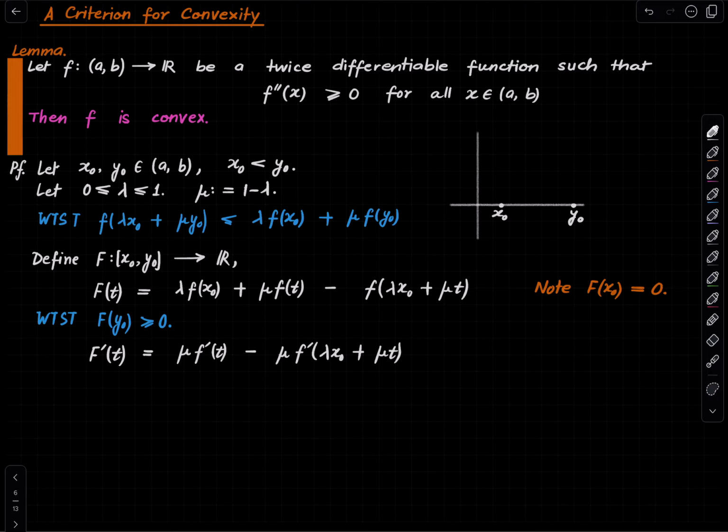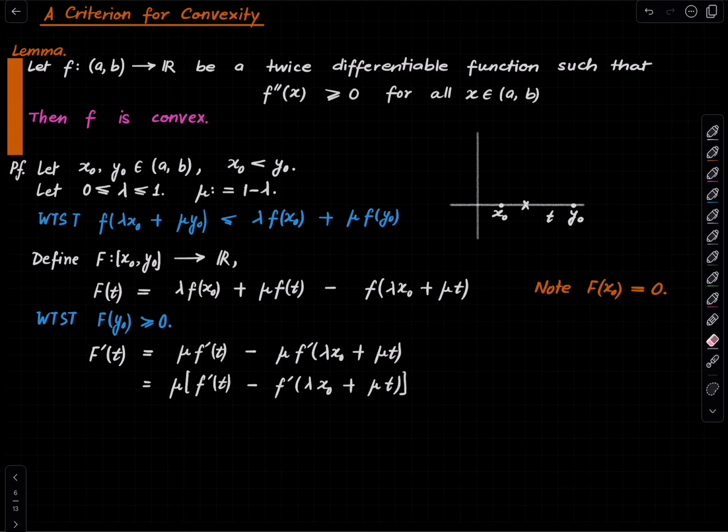Immediately from chain rule, we can take mu outside, right? And now here we can use Lagrange. So t is chosen from this interval, so t is somewhere between x0 and y0. Say it's here, and this number is between x0 and t, so it's somewhere there.